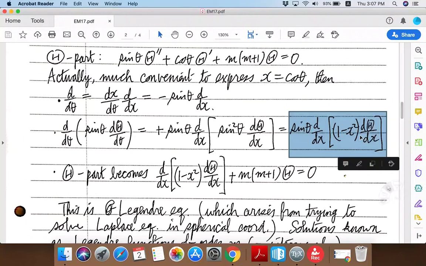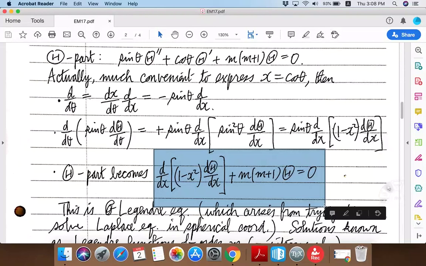These are pretty straightforward calculations after all. And after those exercises, we arrive at a slightly modified version of the equation, which is satisfied by the angular function theta.